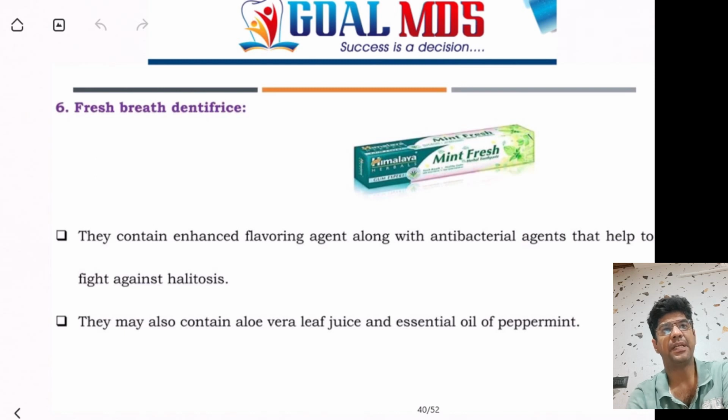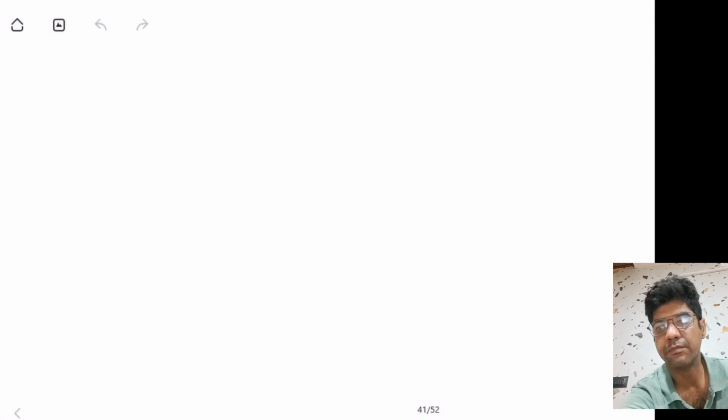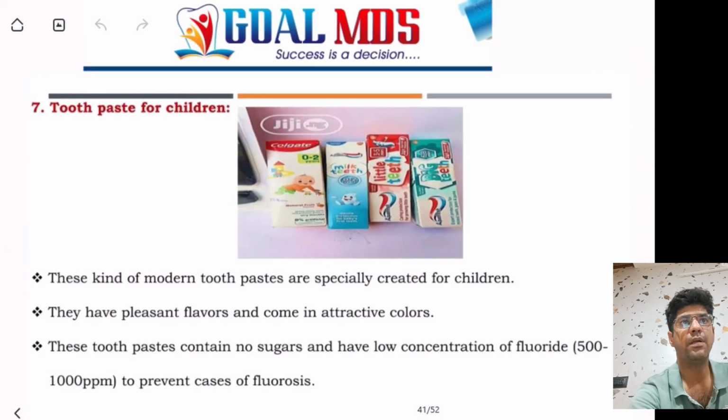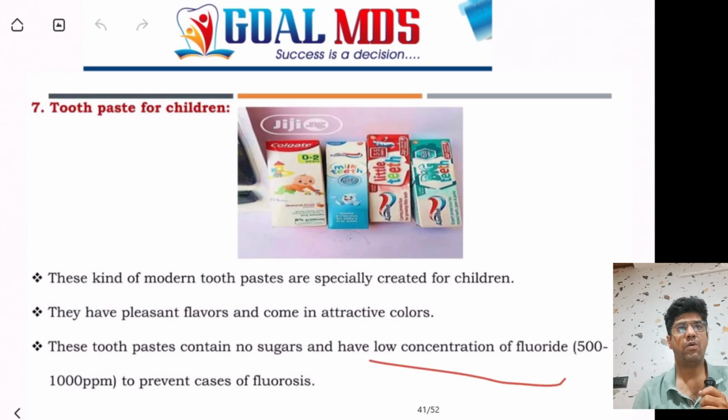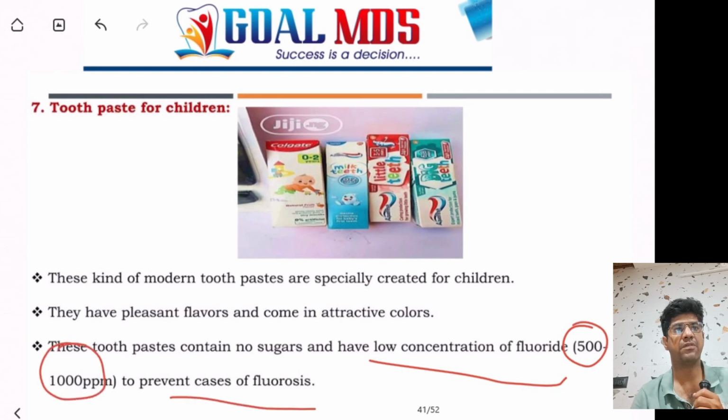Some pastes contain enhanced flavoring agents that help to fight against halitosis, like aloe vera leaf juice and essential oils of peppermint. Toothpaste for children has a low concentration of fluoride, containing 500 to 1000 ppm, to prevent cases of fluorosis.